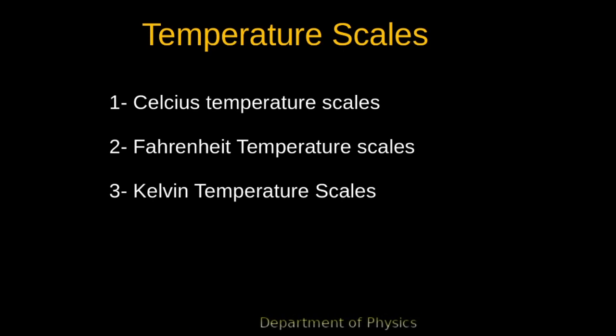The interval between the two fixed points is divided into 100 equal parts. Each part or degree represents 1 degree centigrade or 1 degree Celsius. The scale is also known as the Celsius scale. The Celsius scale or degree centigrade is used for all popular and commercial and most scientific measurements.